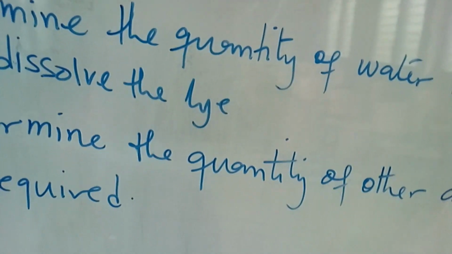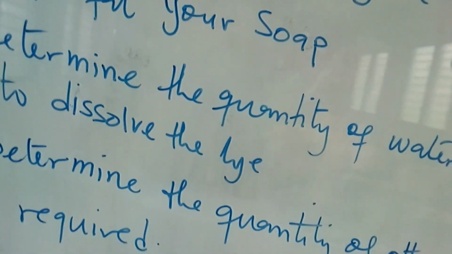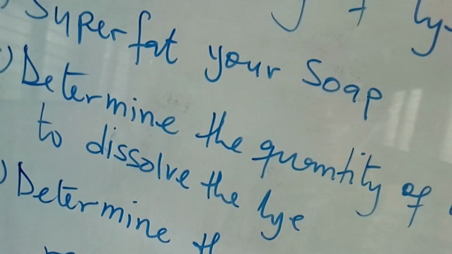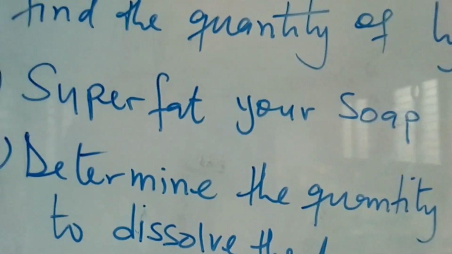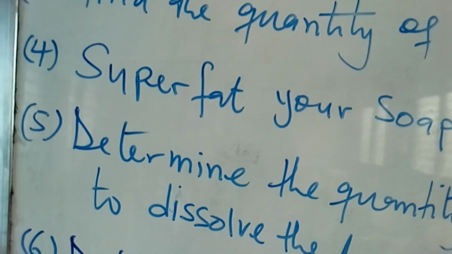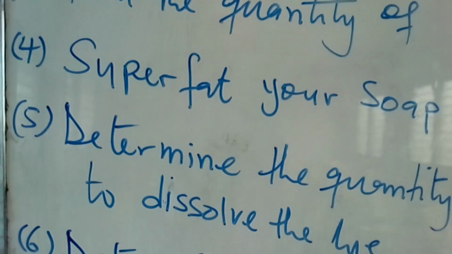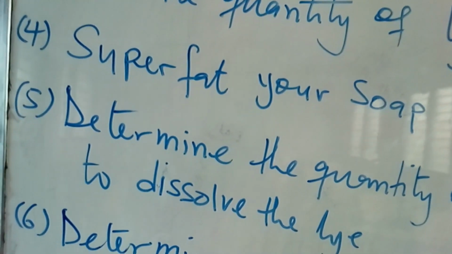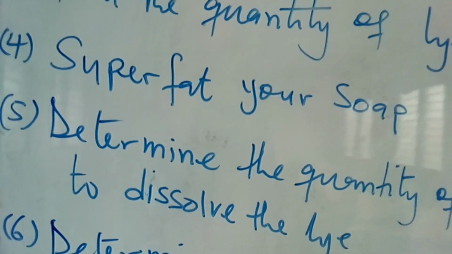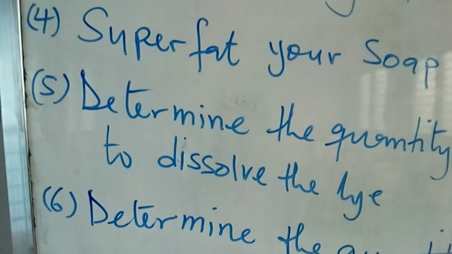If you don't superfat, sometimes after using it to bathe, your body will be dried, and it can even cause some reaction. So we have to be assured that there will not be any leftover lye that will not be consumed by the oil.